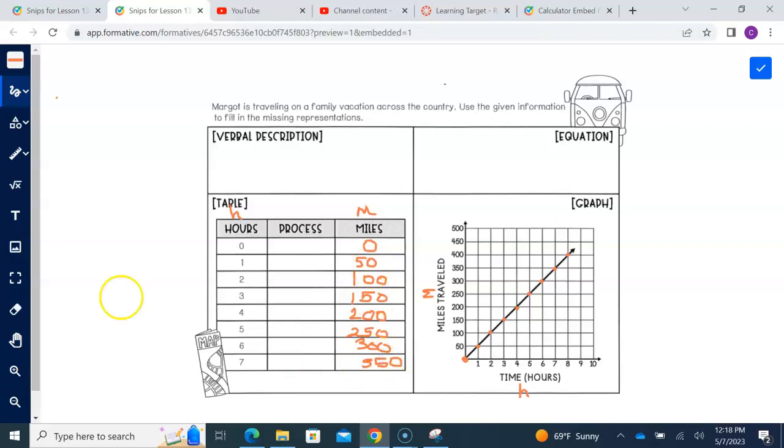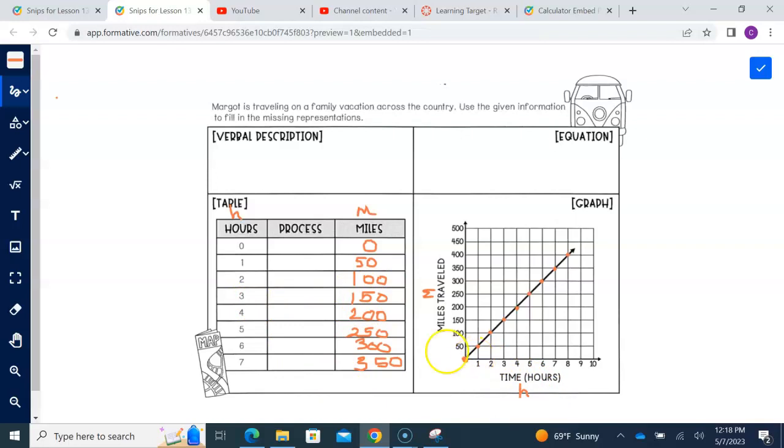So we've got our values filled out in the table. I'm going to fix that 3 because it's hard to see what that is. We got all our values filled out in the table, and those were the ordered pairs: 0, 0; 1, 50; 2, 100; 3, 150, so on and so forth.